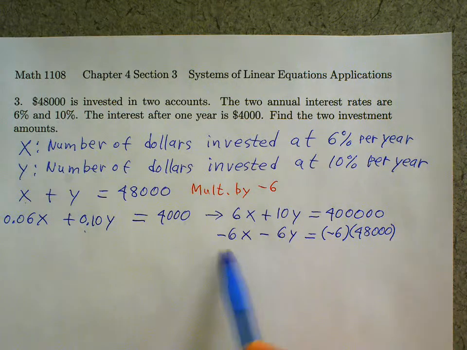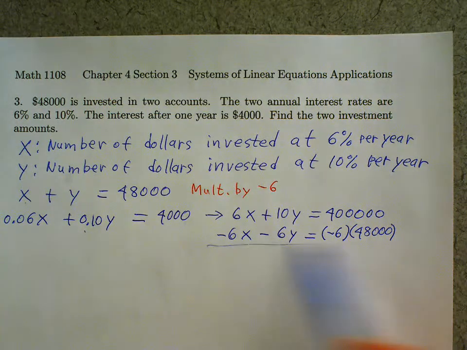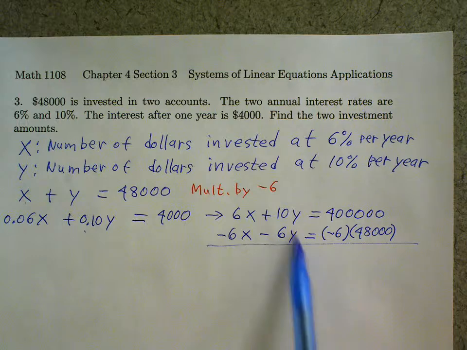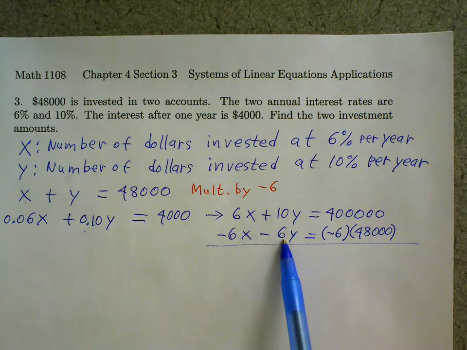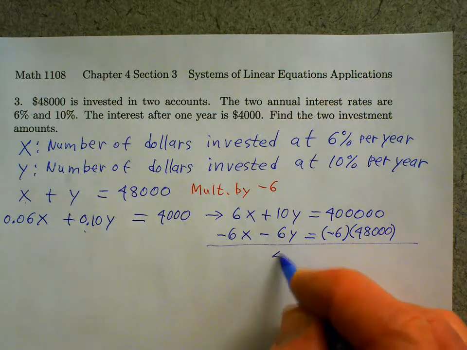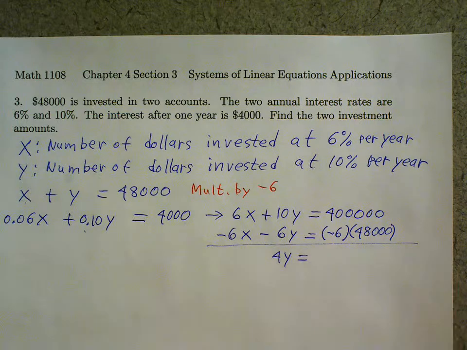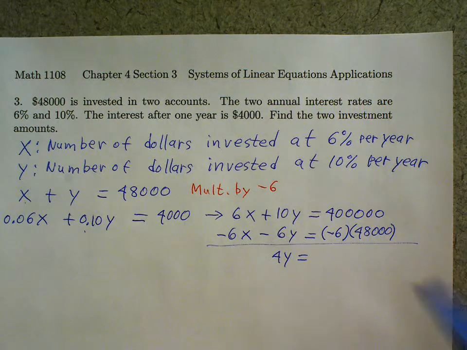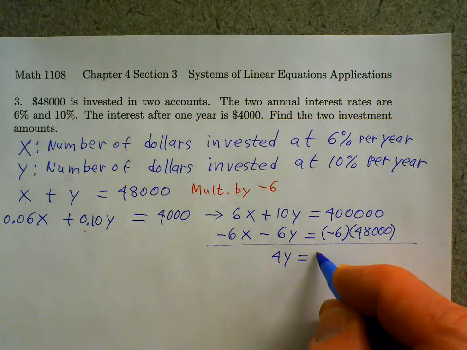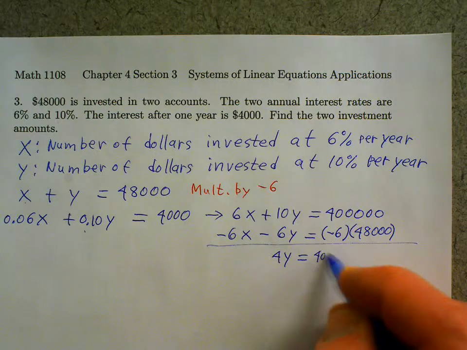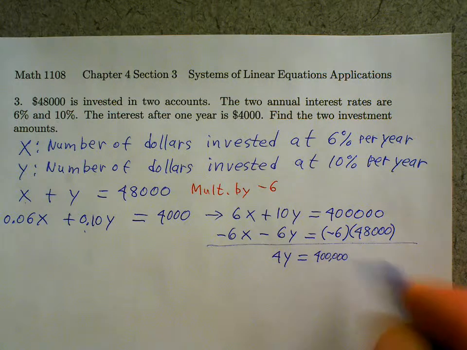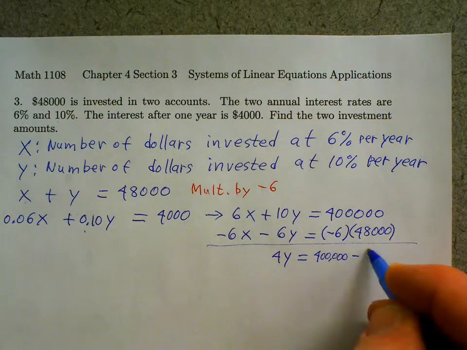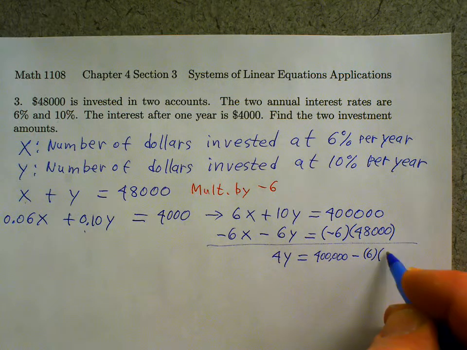When we add these equations together, the variable x is eliminated. 10y plus -6y is 4y. And over here, we can write this as 400,000 minus 6 times 48,000.